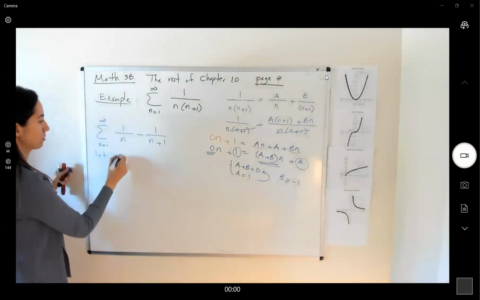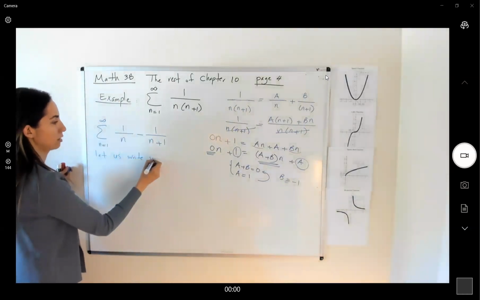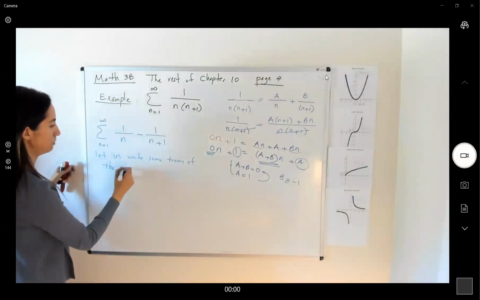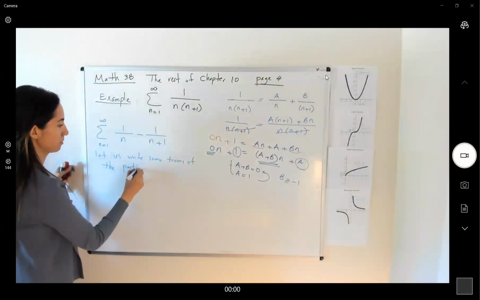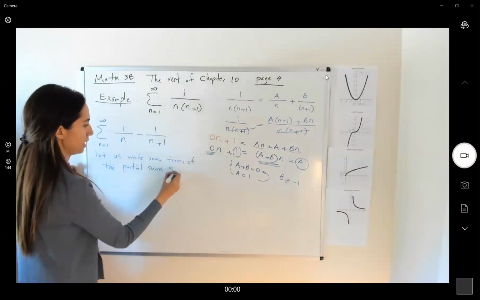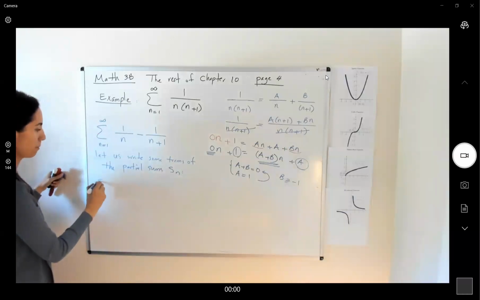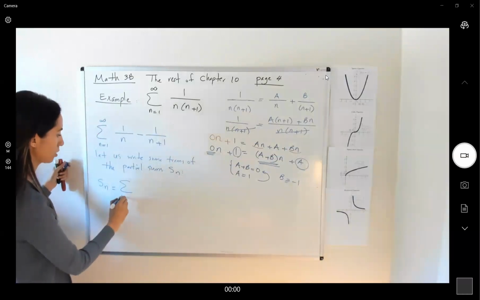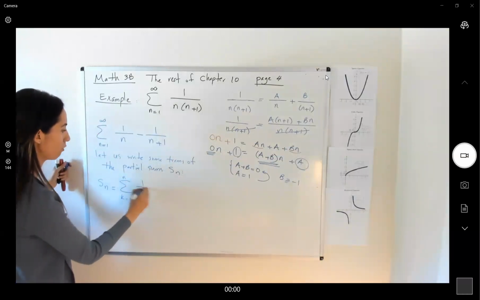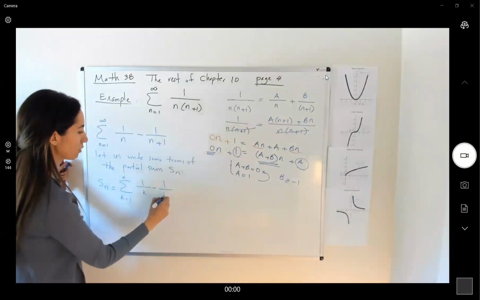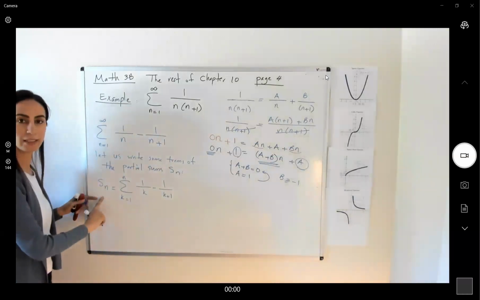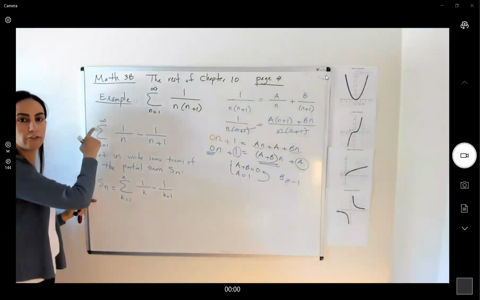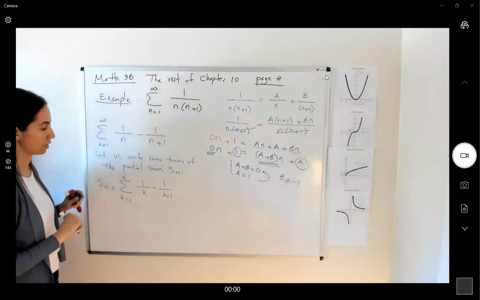So let us write some terms of the partial sums Sn. So my Sn is equal to the sum, k starts from 1 to n, 1 over k minus 1 over k plus 1. If Sn is convergent, then for sure you can say that your infinite series is convergent as well.